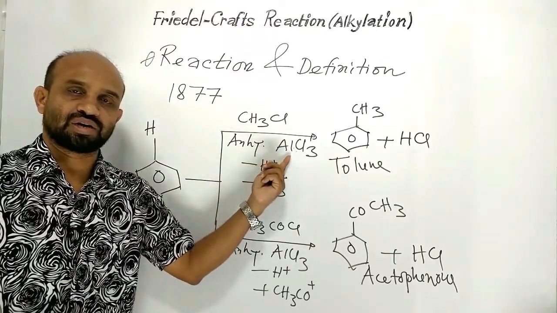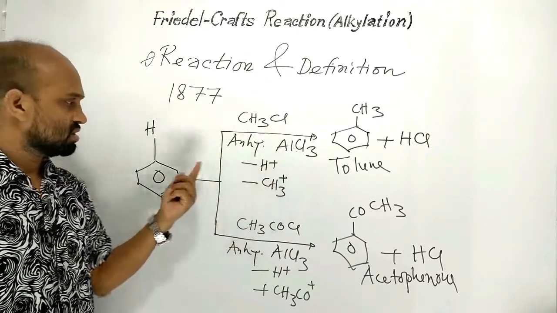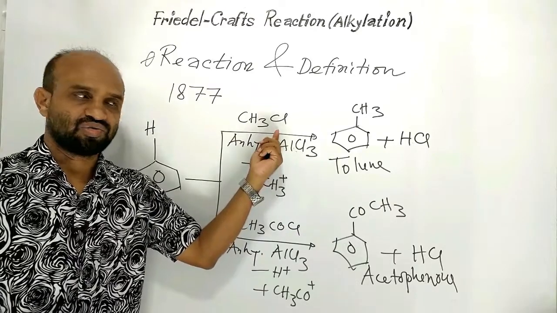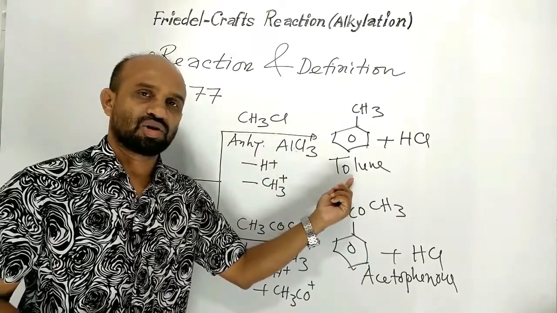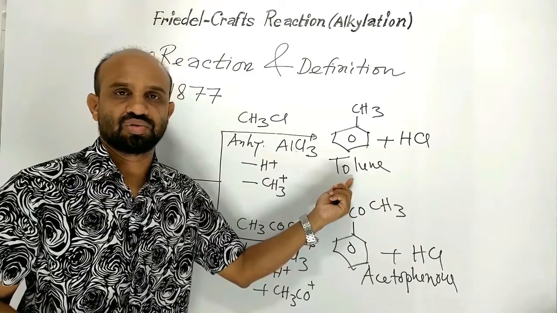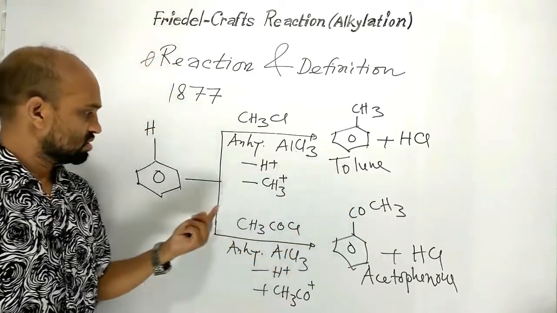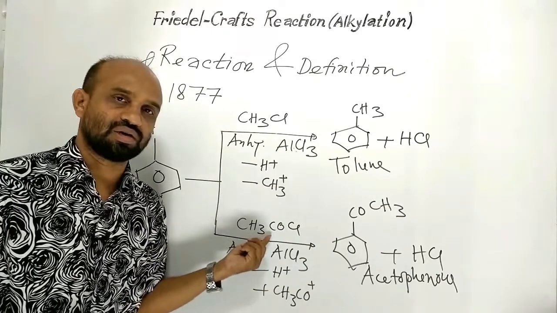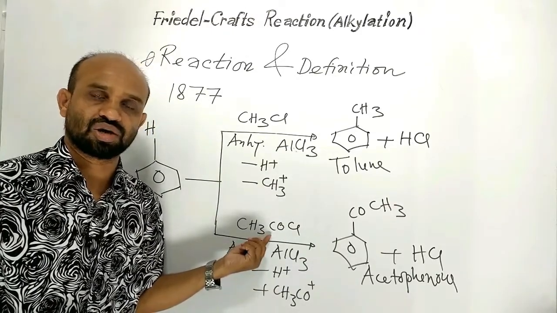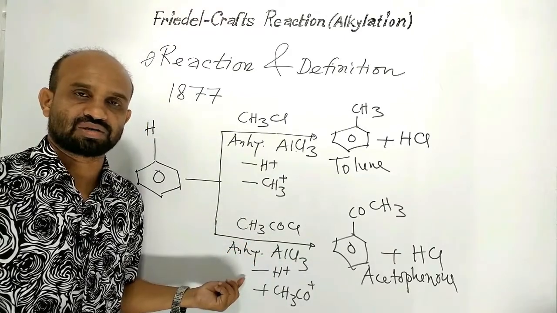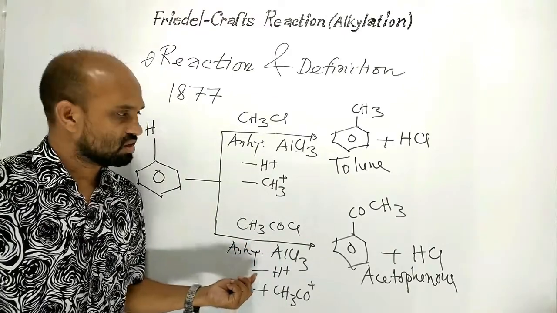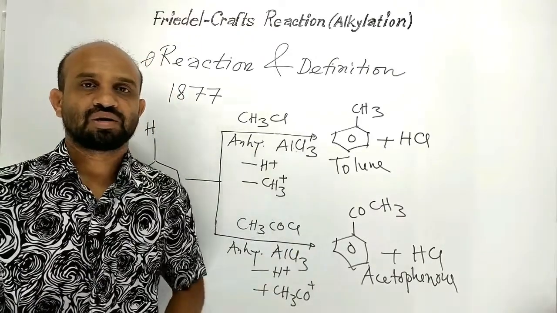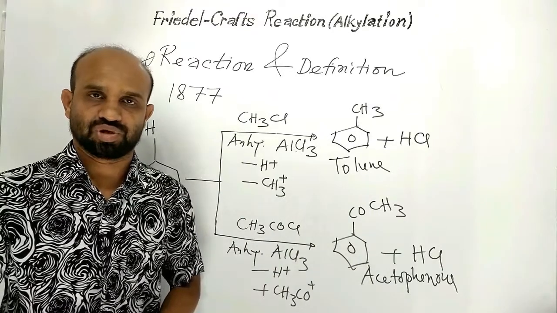In presence of anhydrous aluminum chloride, benzene reacts with alkyl halide to form aromatic hydrocarbon through alkylation, and when benzene is treated with acyl halide like ethanoyl chloride in presence of anhydrous aluminum chloride, then acylation occurs, and as a result aromatic ketone is produced.